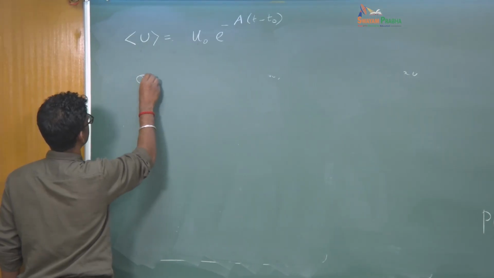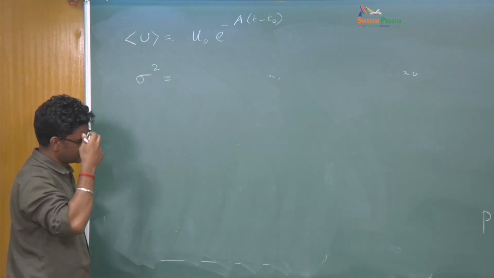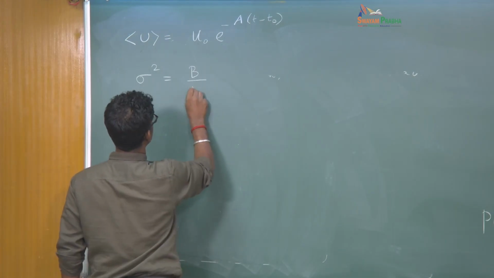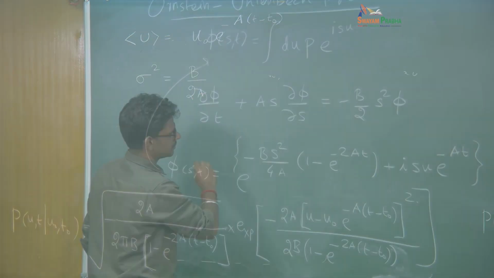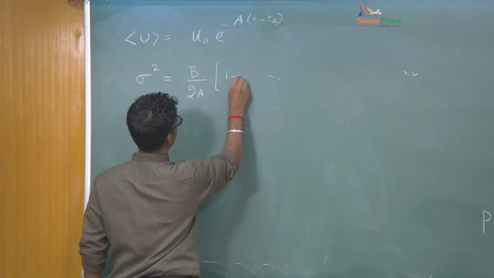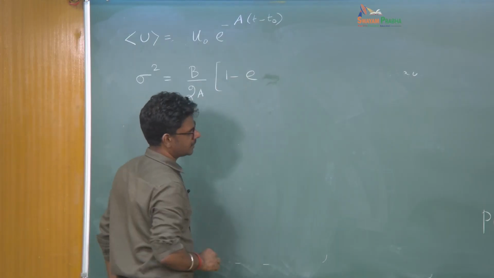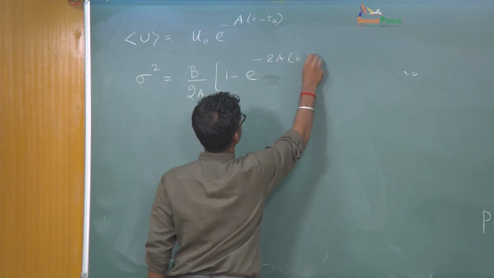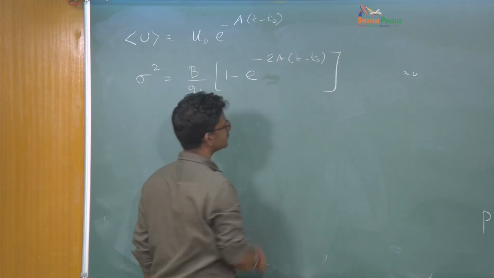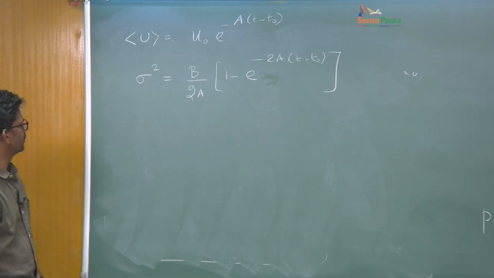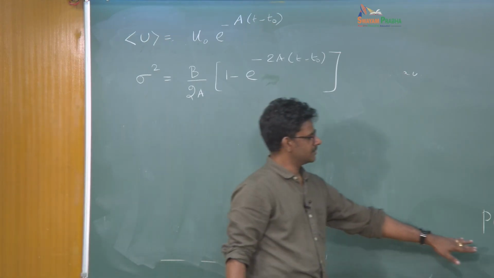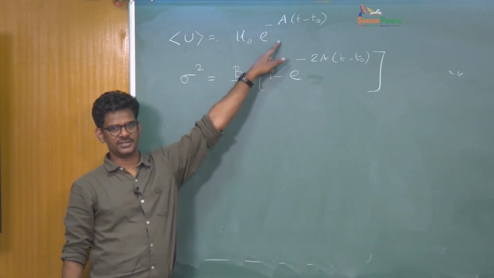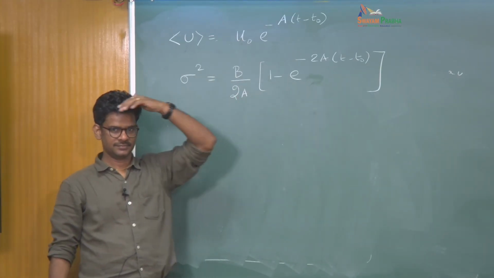And then the variance is b by 2a times (1 minus e to the power minus 2a (t minus t naught)). So this is basically a Gaussian distribution with the mean of this expression and the variance of this.